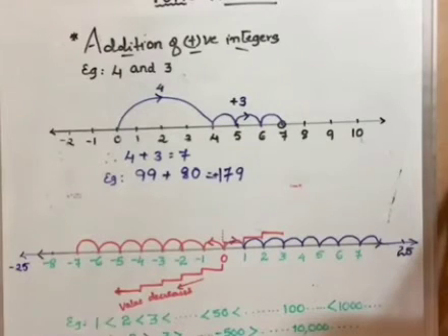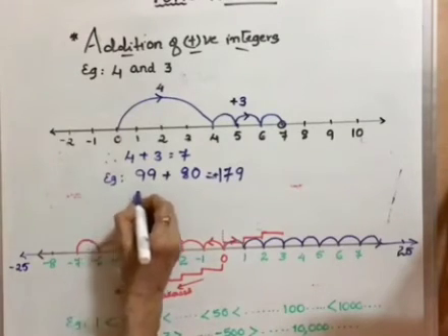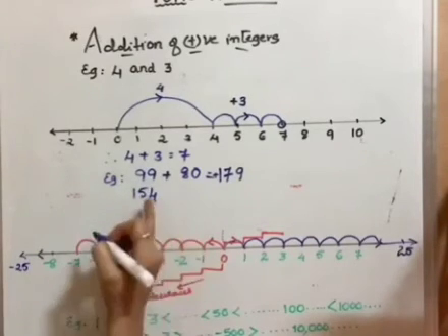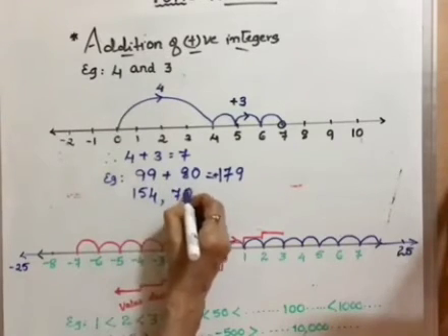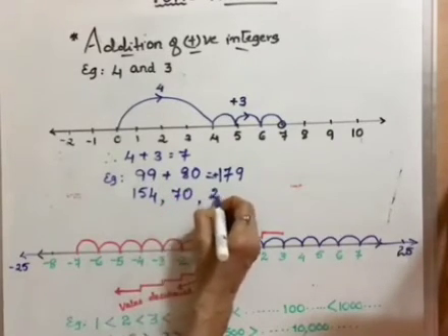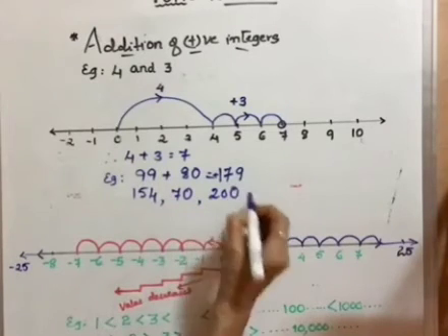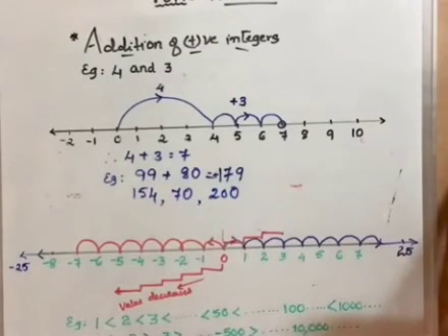Okay. So, this way we can do the sum of many more larger positive integers. You can try it in your books. I have one positive integer, one more positive integer, one more positive integer. Will you try?